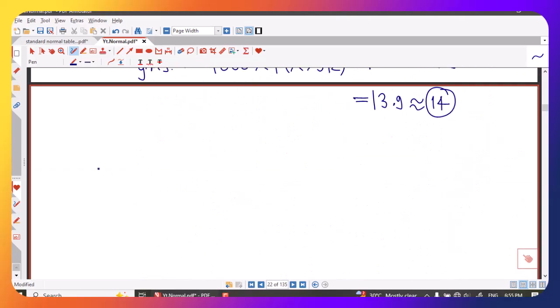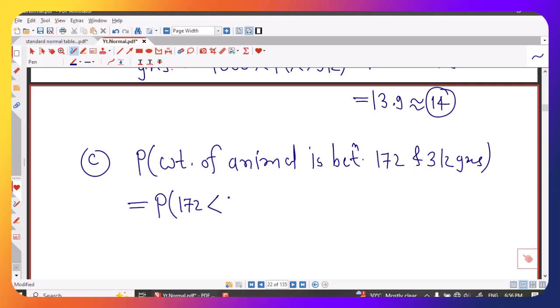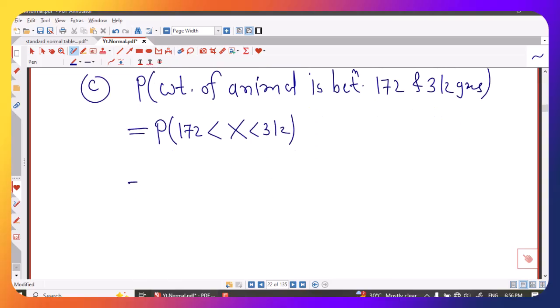So now we consider part C. We have to find the probability that the weight of an animal is between 172 and 312 grams, that is, X lies between 172 and 312 grams.